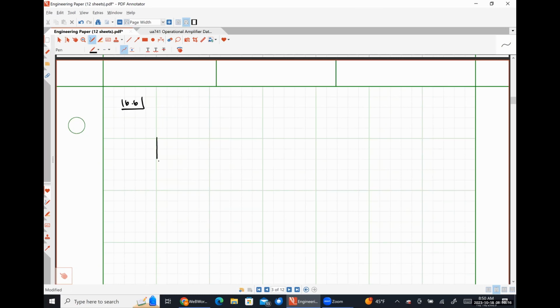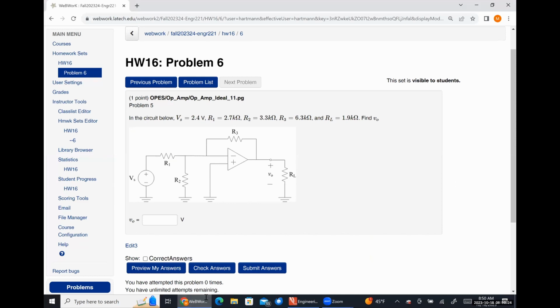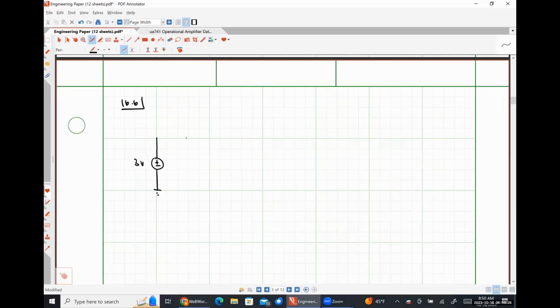So I believe we have some voltage here. Let's call it 3 volts. Let's make this 5 kiloohms, 8 kiloohms.